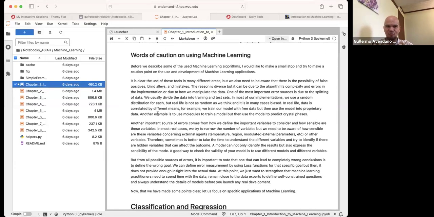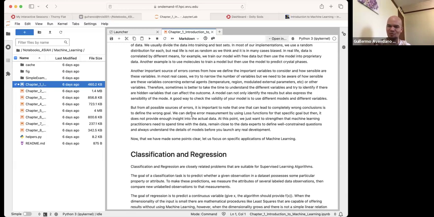Okay, here are a few words of caution about the importance of error. I will also add the importance of the ethical conditions of that. I will not go into that, but it is an important concern, because with those models you can translate human biases, hidden or explicitly introduced, that perpetuate discrimination.